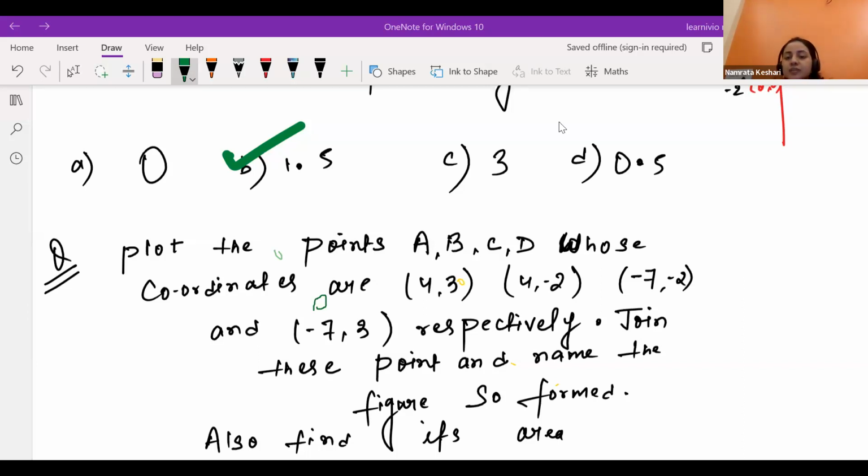Okay, I'm stopping the screen sharing. Just a second, let me take the question which Tejas has sent to me. Coordinate geometry question.